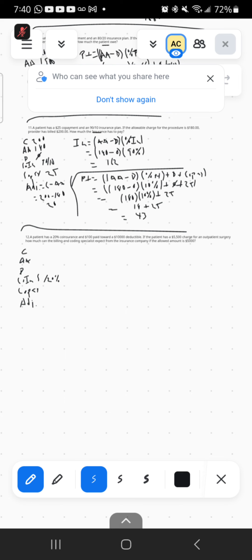So that means there's 80 for the insurance. $1,000 deductible, but they've already paid 100. Charge is 5,500. And the allowed is 5,000.